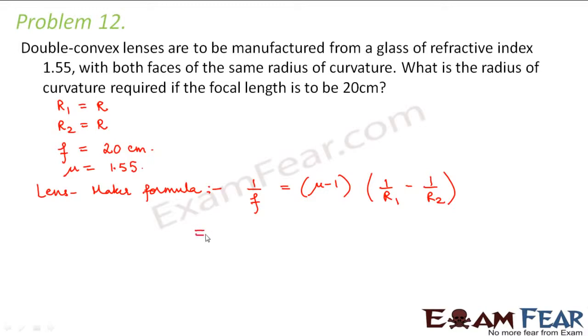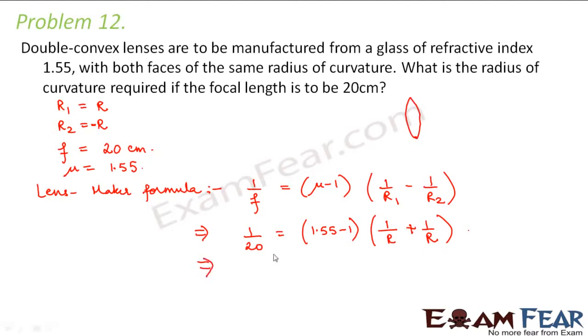Using this, 1 by 20 is equal to 1.55 minus 1 into 1 by r1 minus 1 by r2. In this case, r1 is positive and r2 is going to be negative. So this will be 1 by r plus 1 by r. Because if r1 is r, then r2 will be minus r, because it is going to be a convex lens.